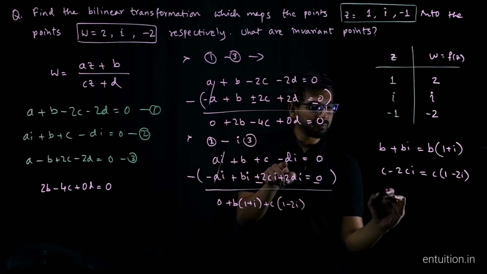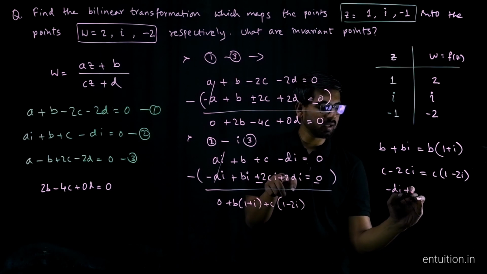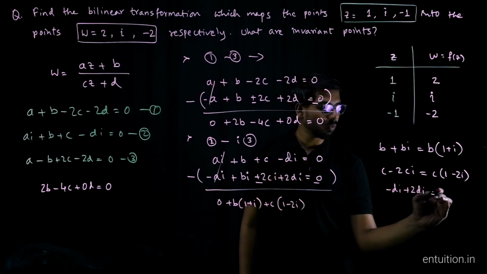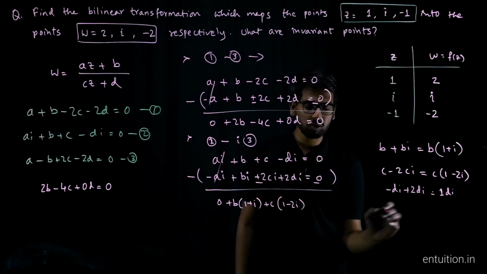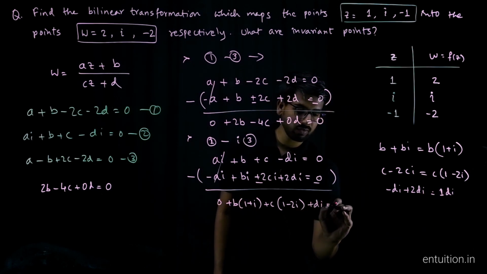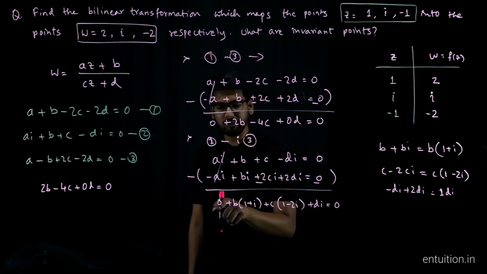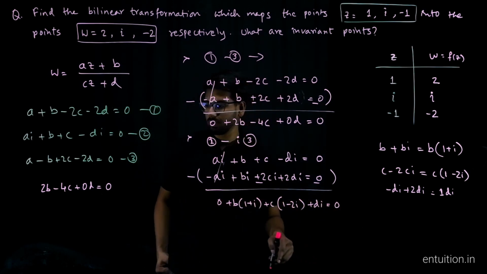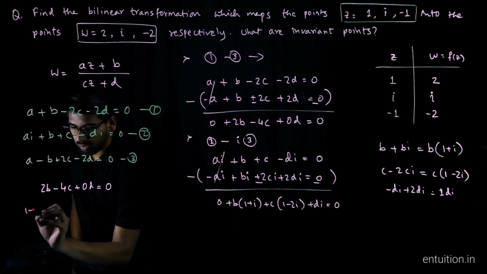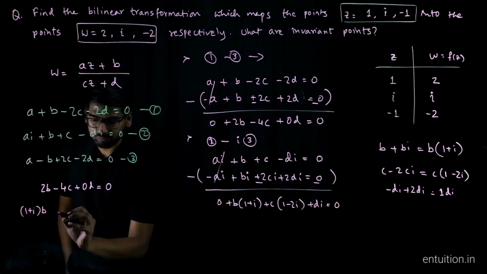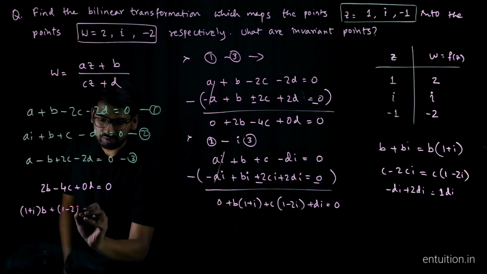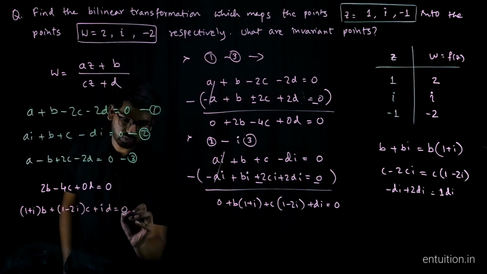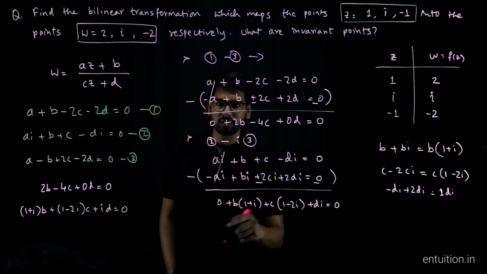But here, minus di plus 2di: both the terms have i, so it is just 2 minus 1, which is 1 di, or just di, equal to 0. Again, we have eliminated a term and got an equation only in terms of b, c and d. So it is 1 plus i times b plus 1 minus 2i times c plus i times d is equal to 0. That's all.